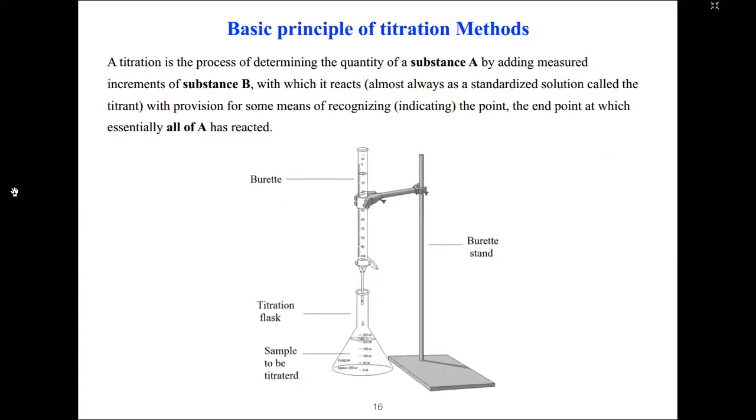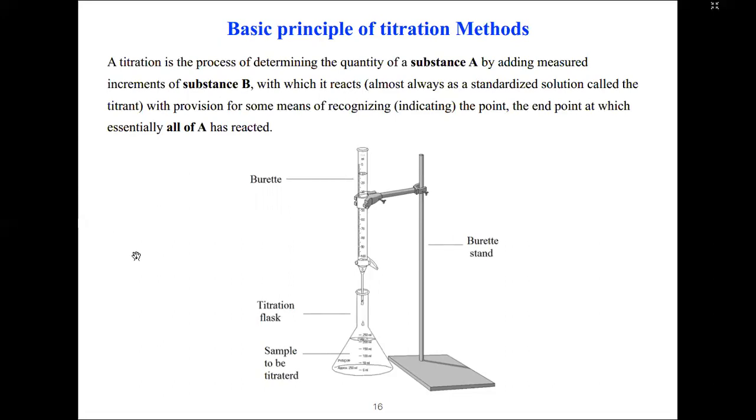So here is the basic principle of titration methods. Titration is the process of determining the quantity of substance A by adding measured increments of substance B, with which it reacts, almost always as a standard solution called the titrant, with provision for some means for recognizing or indicating the end point at which essentially all of the A has reacted.